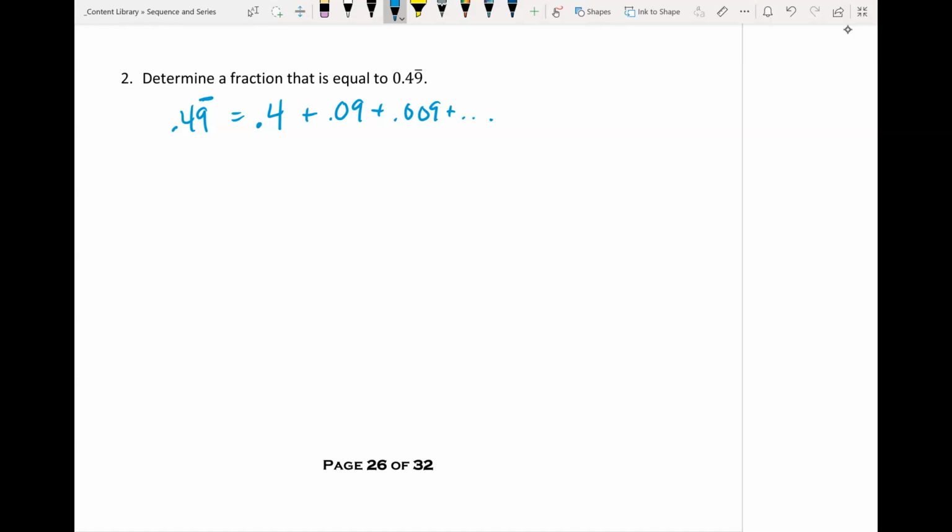So the rule is you're going to write down whatever is not repeating, so in this case is 0.4. And then you're going to rewrite it so that we have a repeating decimal after that.